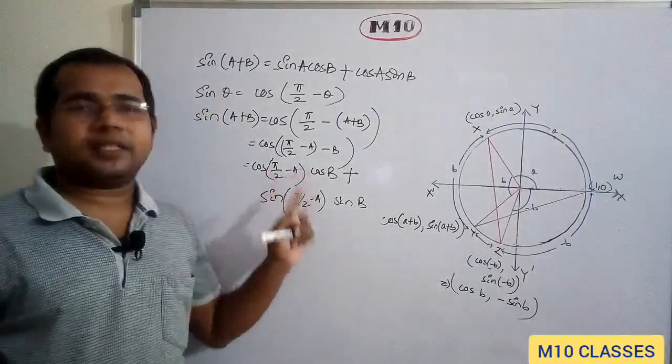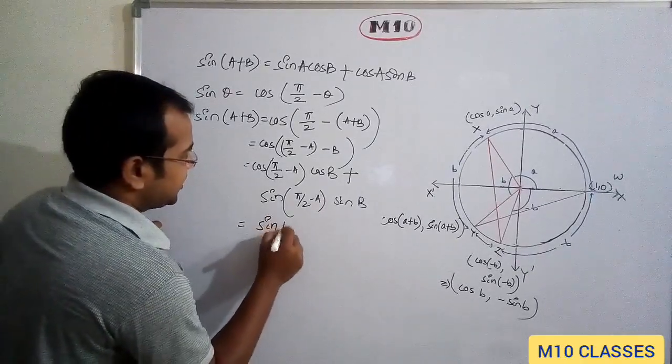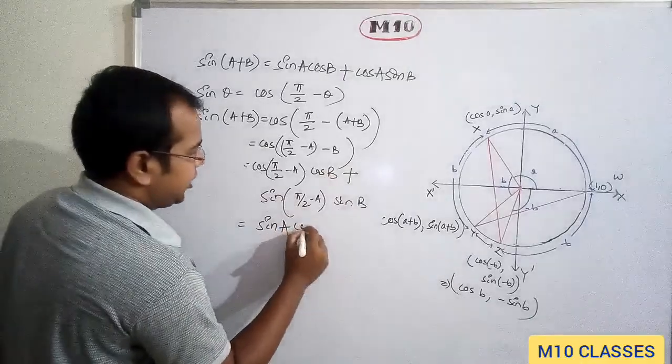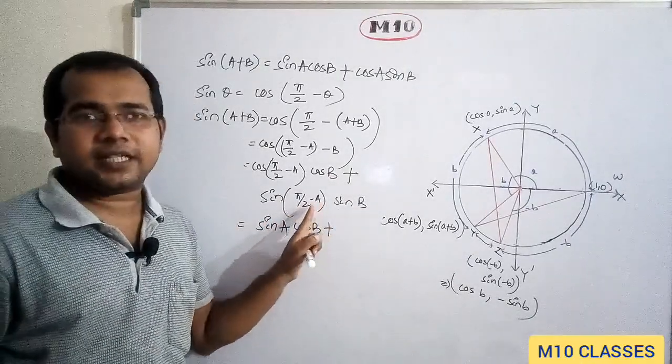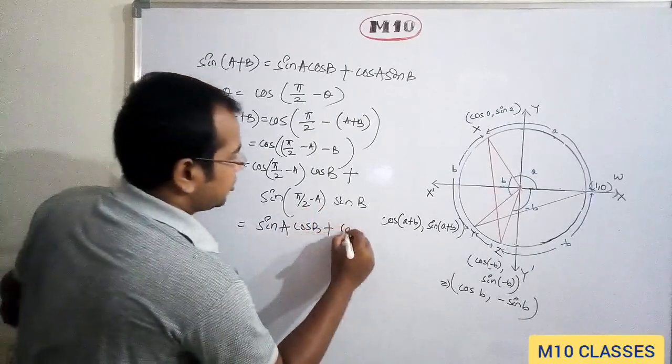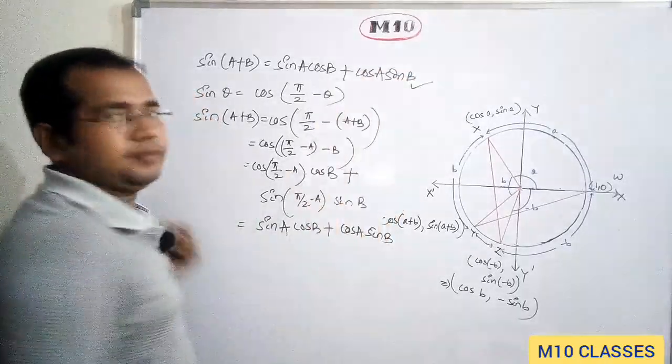Cos(pi by 2 minus theta) is nothing but your sin theta. So what will you get here? Sin A into cos B plus, again, sin(pi by 2 minus theta) is nothing but cos theta. So cos A into sin B. This is also proved. Okay.